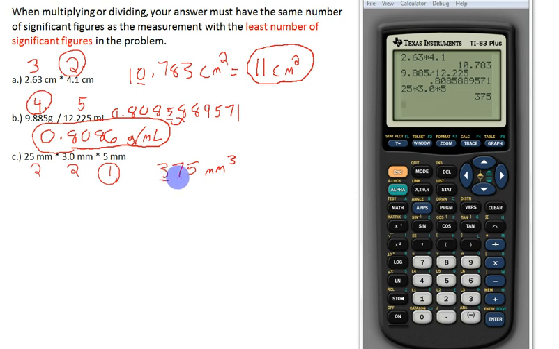So you cannot just round this down to 4. You have to maintain value in the hundreds place. So we look at the number directly after it. It's a 7. A 7 means to round up. So this is going to become a 4. So 375 rounded to the nearest hundreds place with rounding up because of that will give us 400 cubic millimeters.